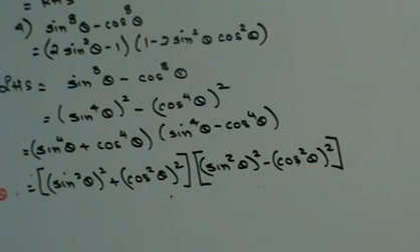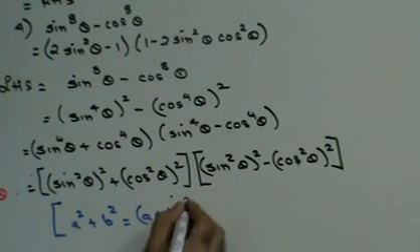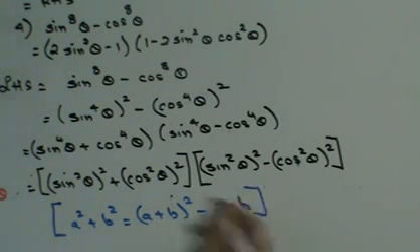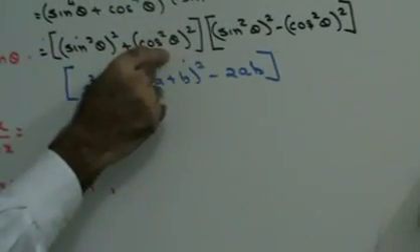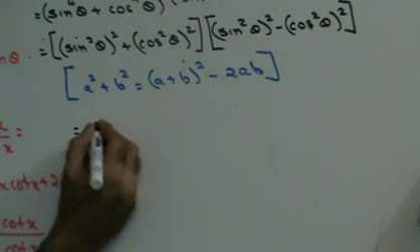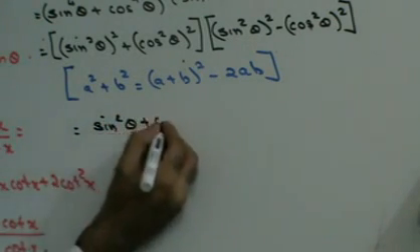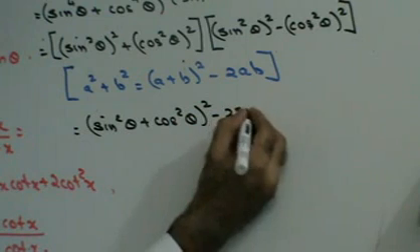Here I can use the formula a square plus b square, which is a plus b the whole square minus 2ab. That's a quadratic equation formula. Assume this number to be a, assume this number to be b. That means this is in the form a square plus b square, so that is going to be a plus b the whole square minus 2ab.